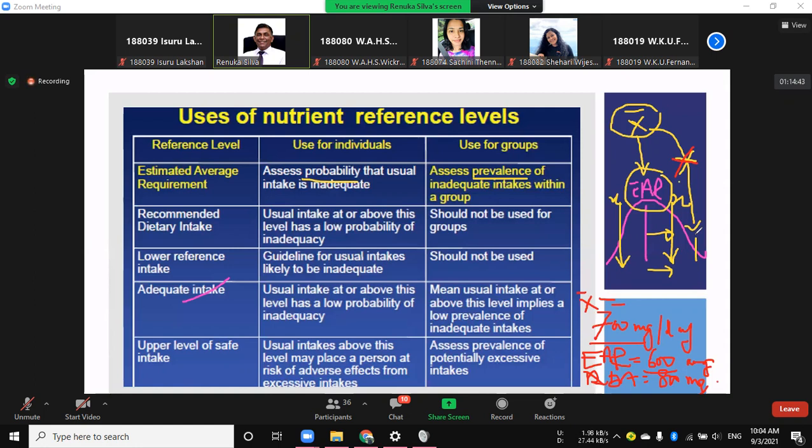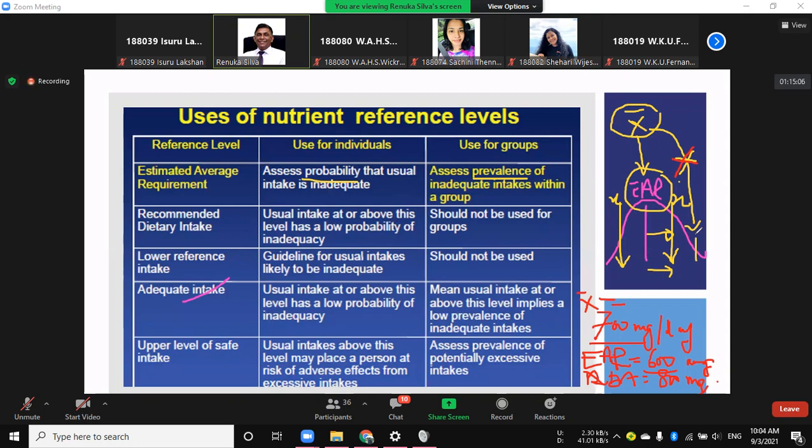That's a mean, but the recommendation, RDA, is 1000 milligrams. I should not say that the recommendation is 1000 and this group consumes 400, therefore this group has problems. No, it should not be used. That is wrong.